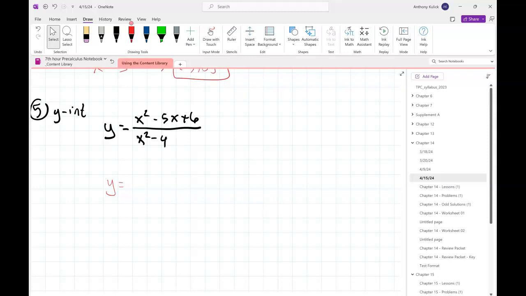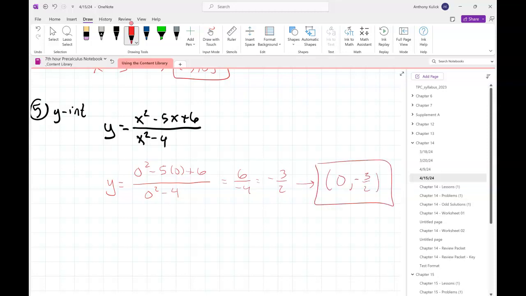Guess what I'm going to do to find the y-intercept? Plug 0 in for x. Exactly right. Very good. Boom. Done. Right? Nothing to it.